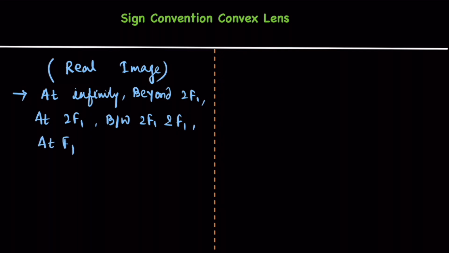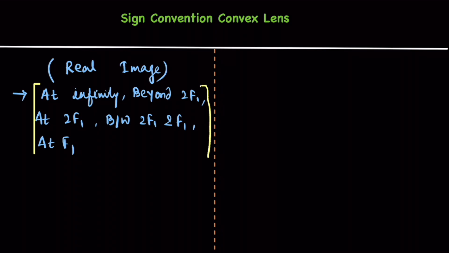So these are the 5 positions of the object where the image could form the real image.